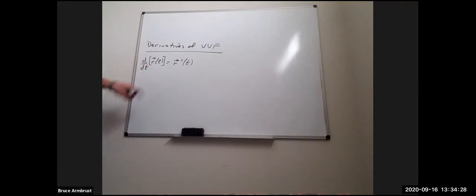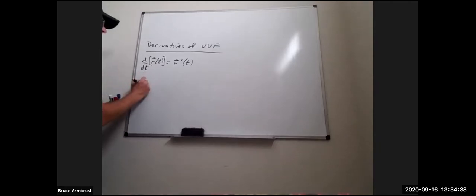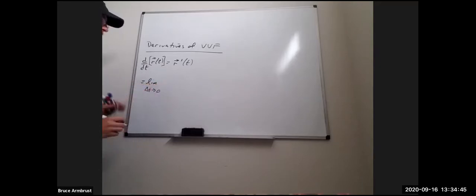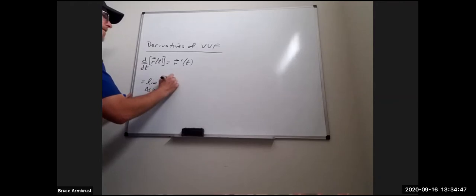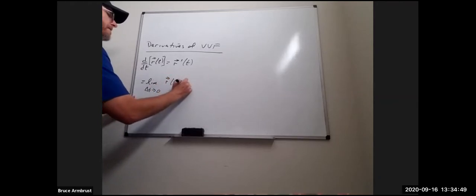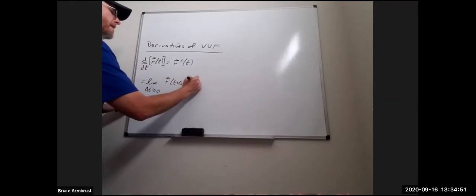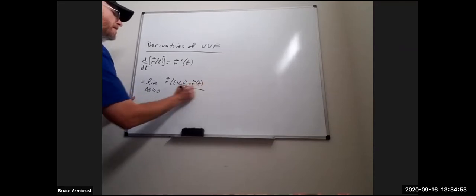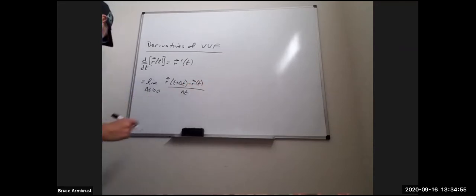All right. So, but let's just think about it. If we're looking for a rate of change, how this thing is changing, we're going to set it up exactly the same way that we did derivatives before. It's going to be a limit as delta t goes to 0 of r of t plus delta t minus r of t over delta t.